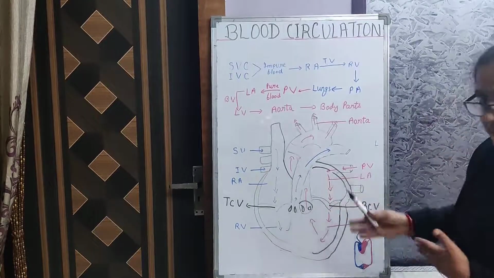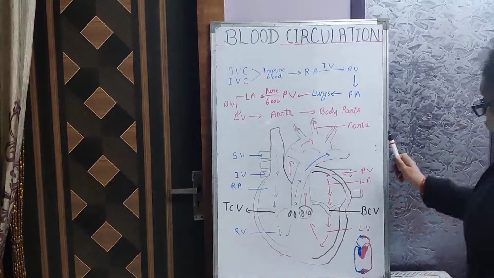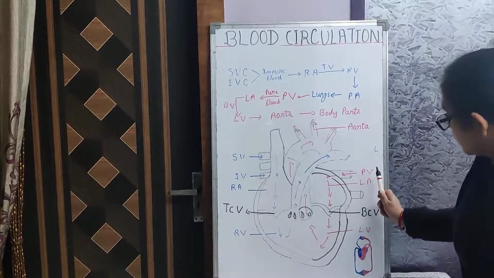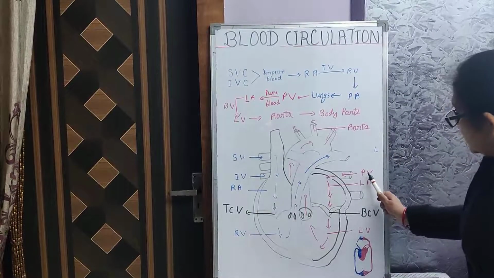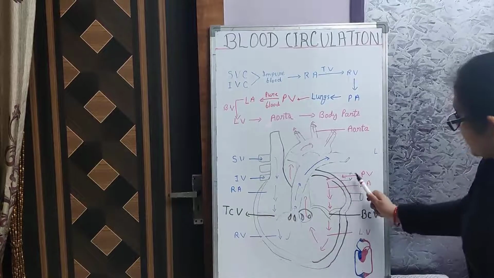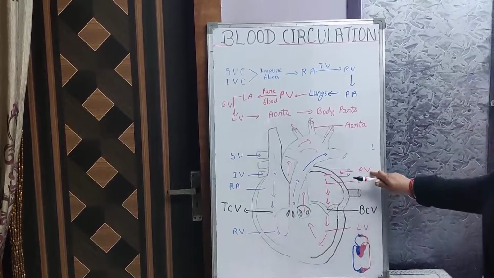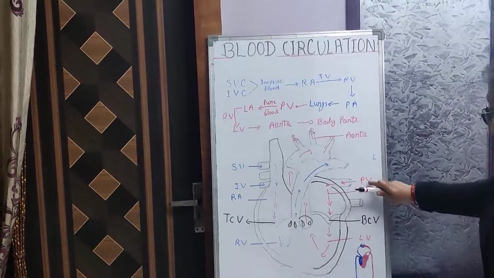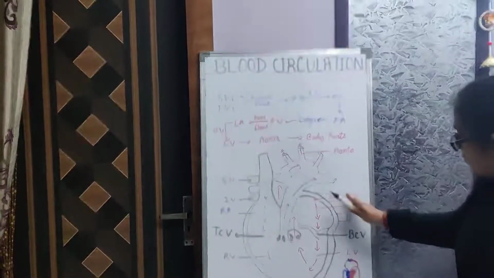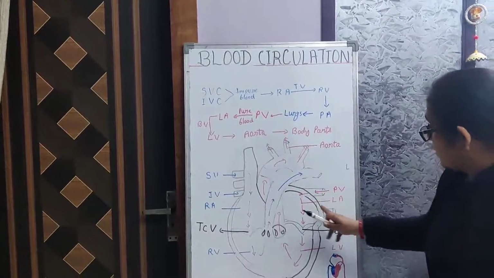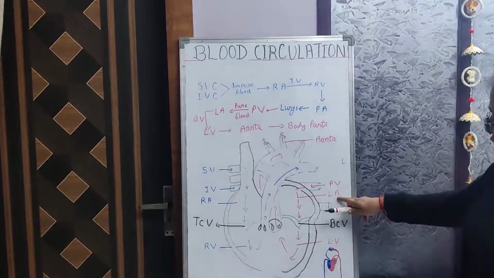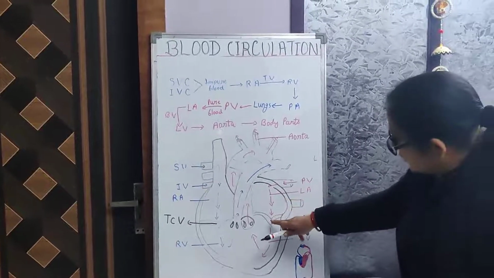The left part always collects pure blood. From the lungs, through the pulmonary vein, the blood is coming here. With the help of the pulmonary vein, the pure blood is reaching the left auricle, and again the procedure is the same.